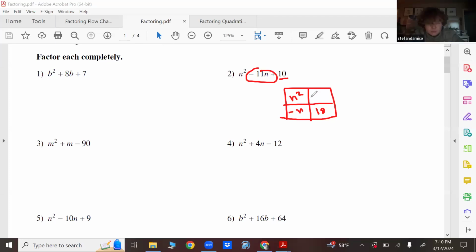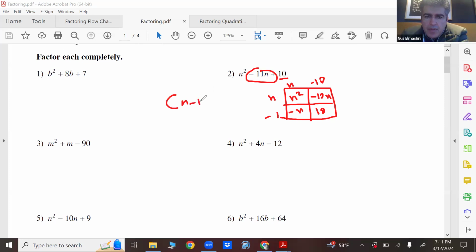That'd be -n and -10n, because those multiply to 10. Then that's n and n. This has to be -1 because n times -1 is -n, and this has to be -10. It all makes sense because you have -1, -10. And there you go: n minus 1 times n minus 10.